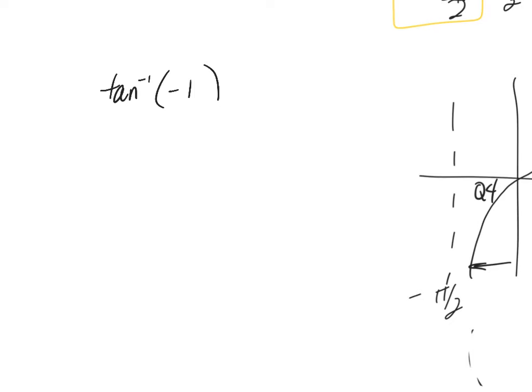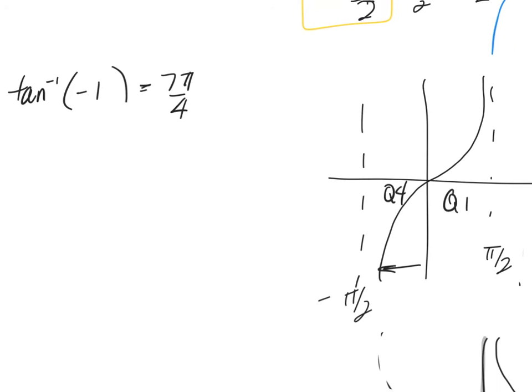And if you tell me that this is 7 pi over 4, you ask yourself, is that number 7 pi over 4 in the interval between negative pi halves and pi halves? No. It is not 7 pi over 4. It will be negative pi over 4 because you're in quadrant 4 in reverse. It's terribly important.